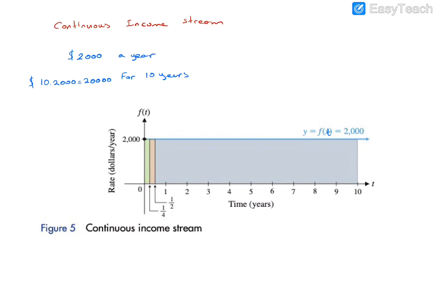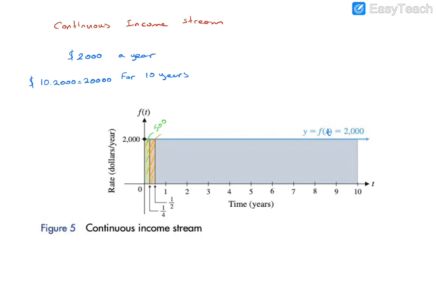So for t equals 1/4, this area gives us the income. For example, if t equals 1/4 years, the income would be 1/4 times 2,000, which is 500, okay? So this is 500.